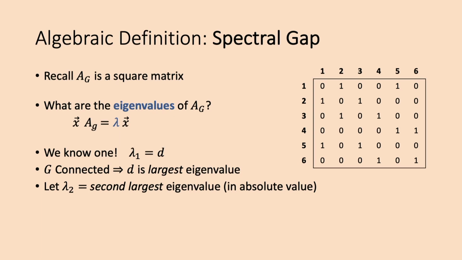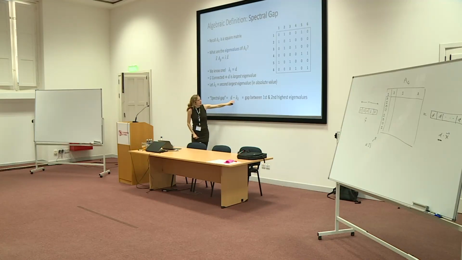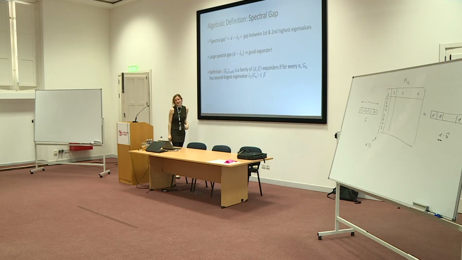If it's positive or negative, I don't really care. I'm interested in the absolute value of the second eigenvalue. The difference, the gap between the top and the second highest, is what's called the spectral gap of the graph or the matrix.